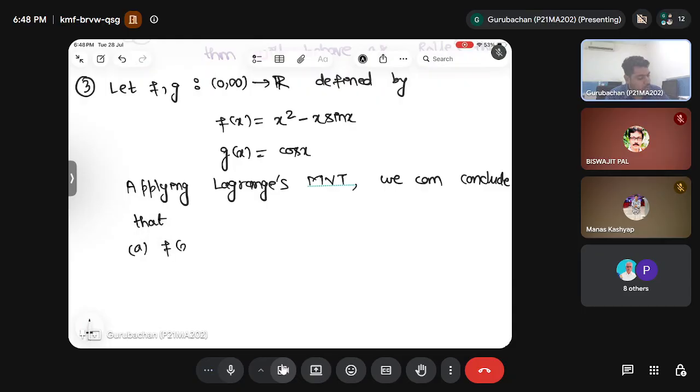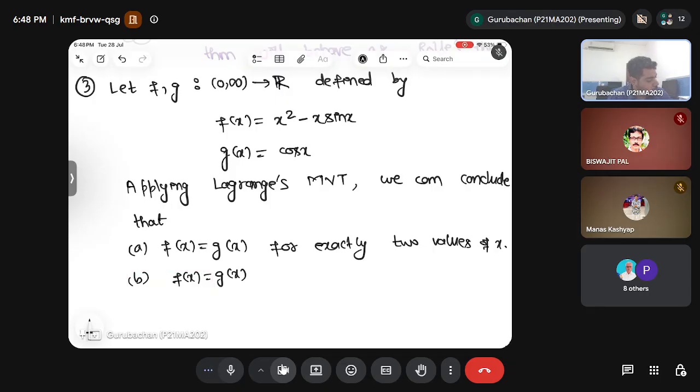f of x is equal to g of x for exactly two values of x. Second one is f of x is equal to g of x for more than two values of x.